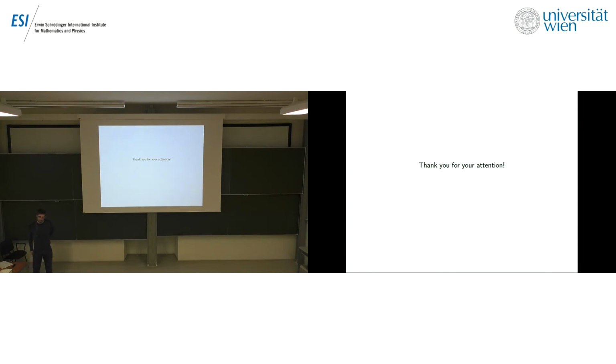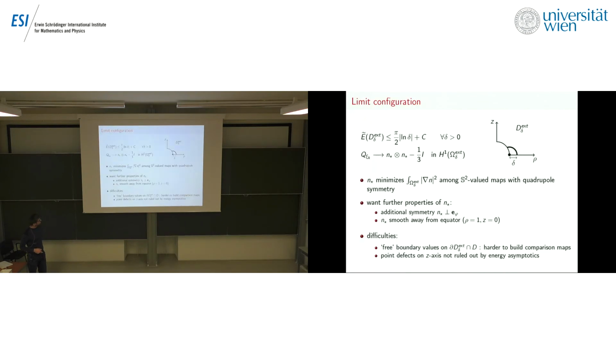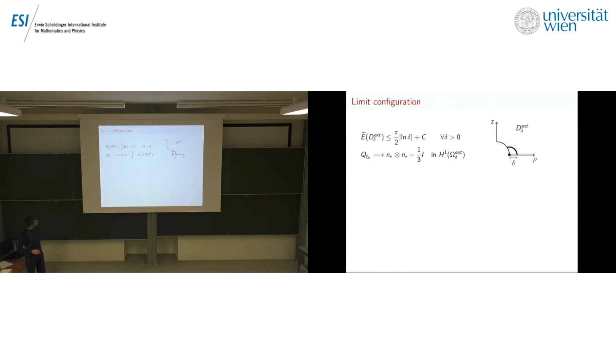Do you think there is some underlying renormalized energy, where some limit of this is a minimizer of some limiting energy? My guess is there should be a renormalized energy, but there is one point that makes it hard to obtain it.